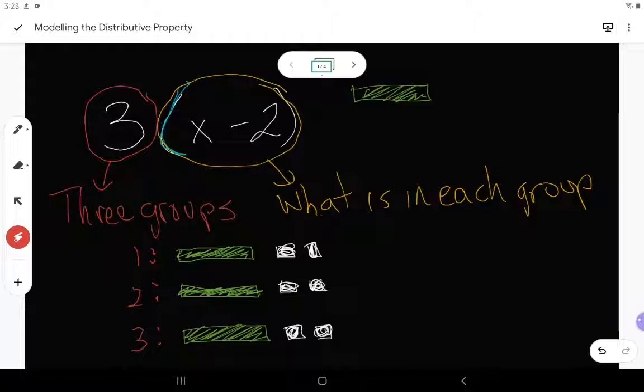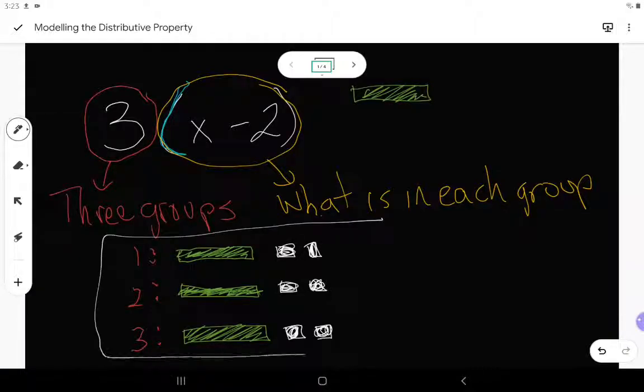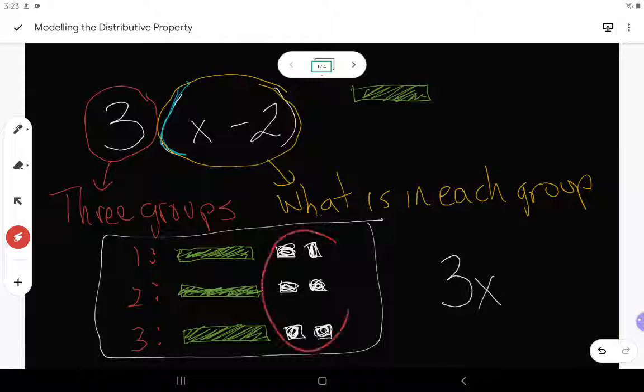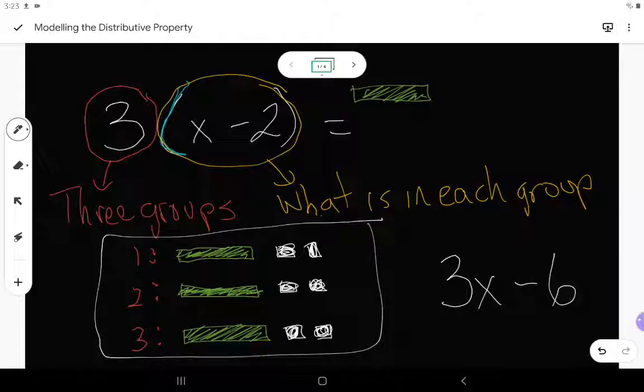Now when I write it all like that, everything all together, means I have 3 X's in total, and I also have 6 -1s in total, right? So using my distributive property, I can take 3 times, and then in brackets we had x minus 2, and that becomes 3x minus 6.